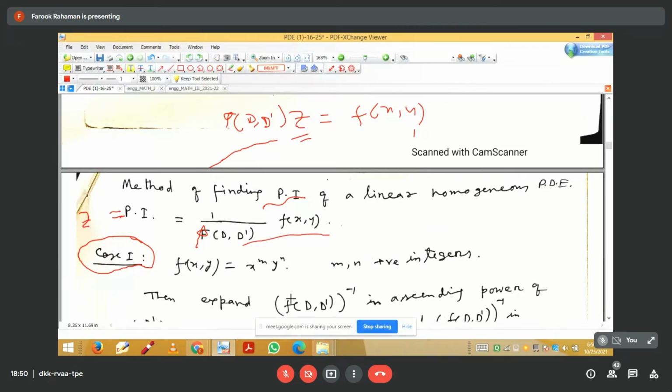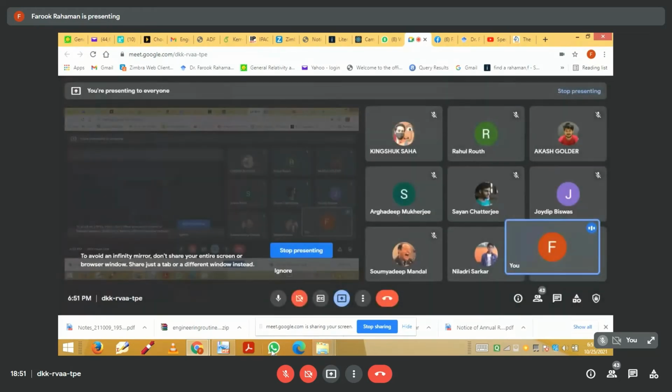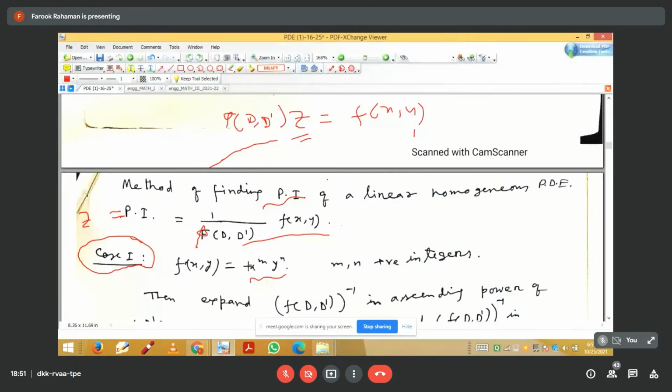Now, f(x,y) is of a particular form, that is the polynomial form, x to the power m, y to the power n. For this particular form, you remember this, we can find the PI in this way. How?